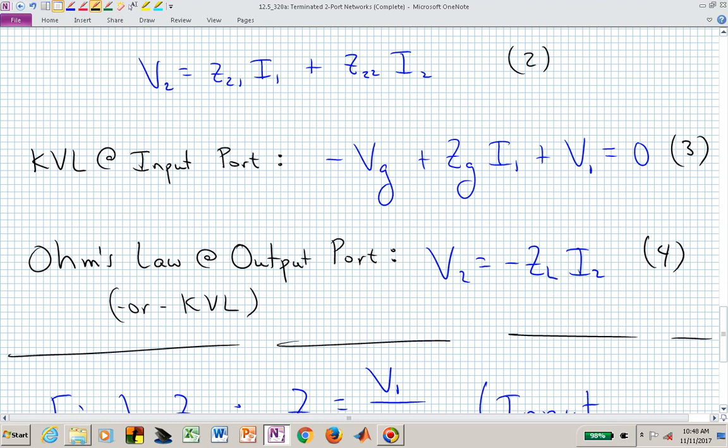So if we replace V sub 2 with this formula in terms of I sub 2, now we have one equation that only possesses I sub 1 and I sub 2. We can solve that for I sub 2, and now we have a formula for I sub 2 in terms of I sub 1.